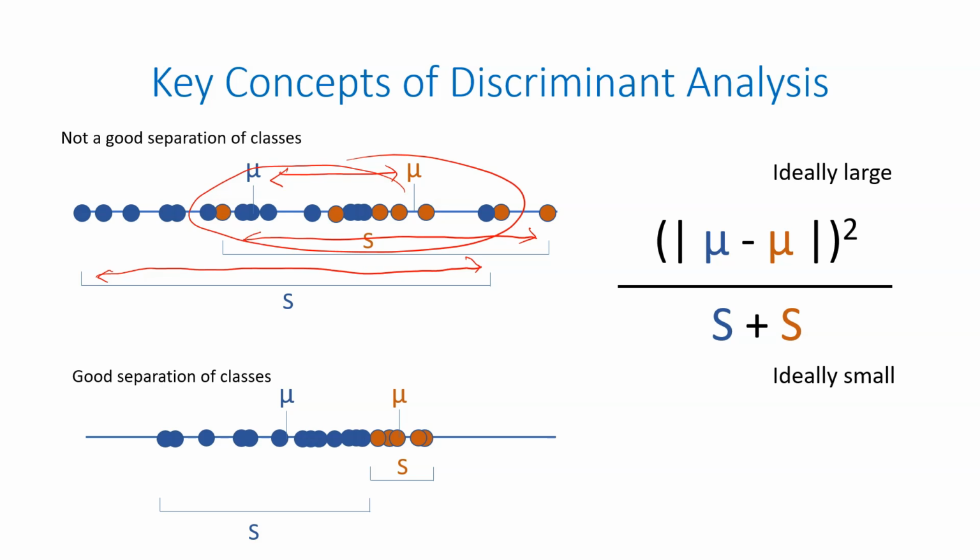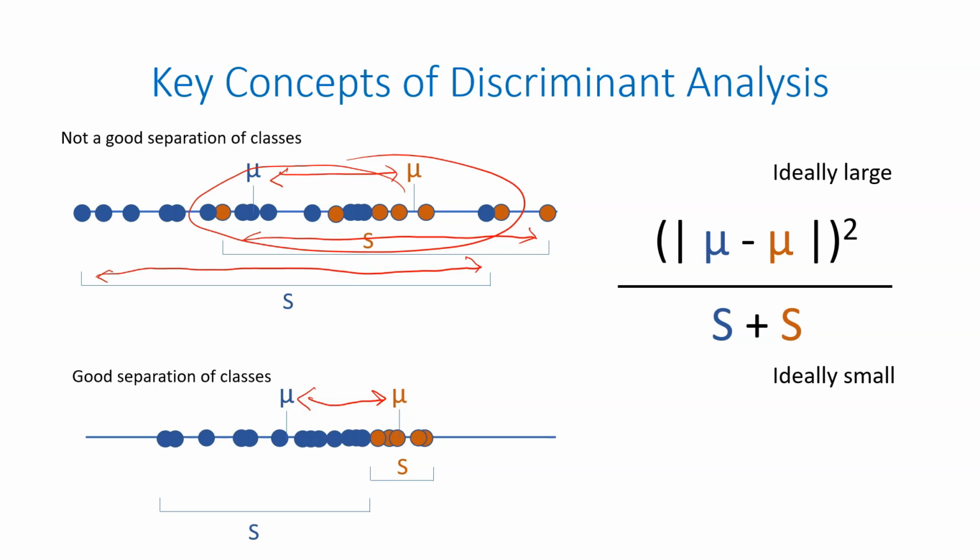Now let's take a look at the diagram on the bottom. The same data points are projected onto another dimension. This time, the distance between the means of the two classes is much shorter than the diagram on the top.